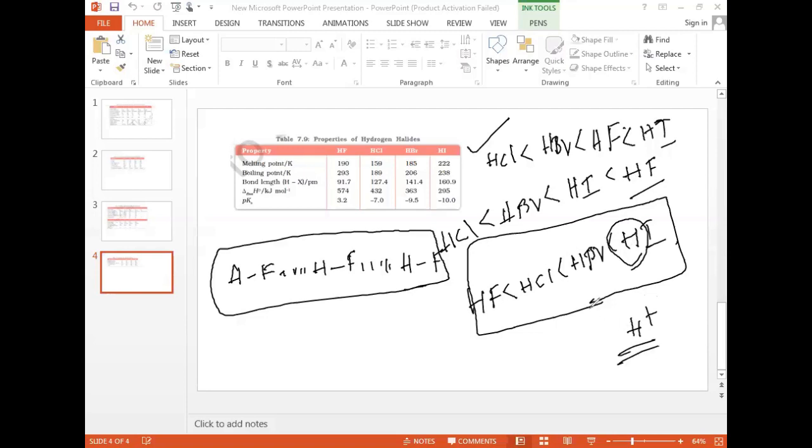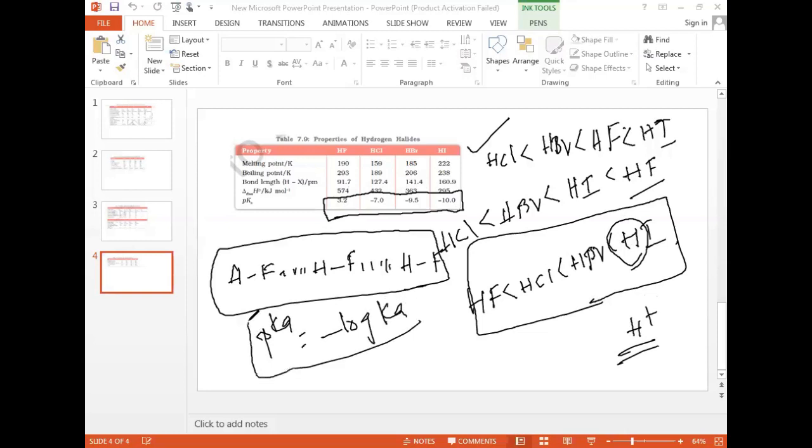That is why it shows more acidic character, which we can clearly see in the pKa values. Smaller the pKa value, higher the acidic character. Smaller the pKa, higher the Ka, more the acidic character. pKa is equal to minus log Ka.